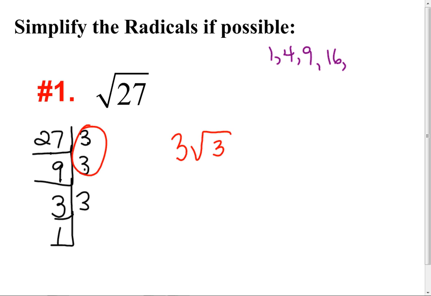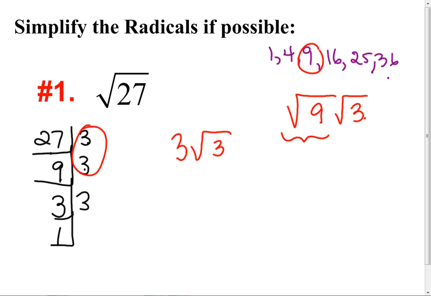What's 5 squared? 25. Next one. 36. Which is the biggest one of these that divides into 27 evenly? 9. So this is the square root of 9 times the square root of 3, because 9 times 3 is 27. So what is the square root of 9? 3.